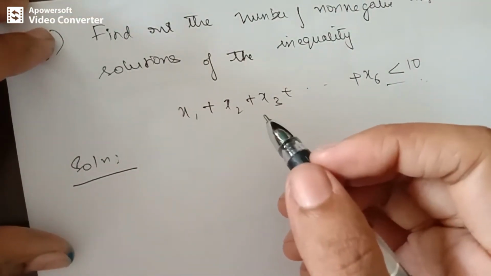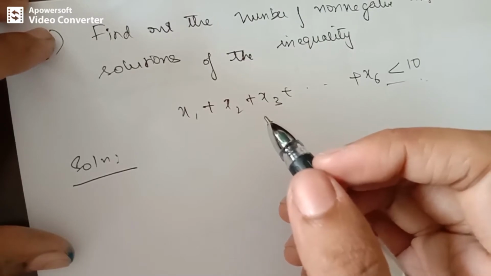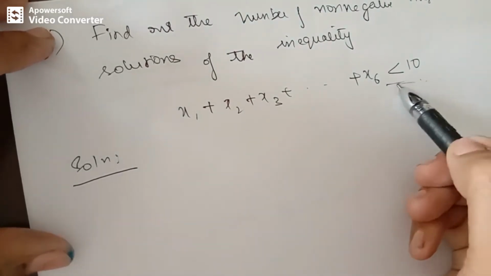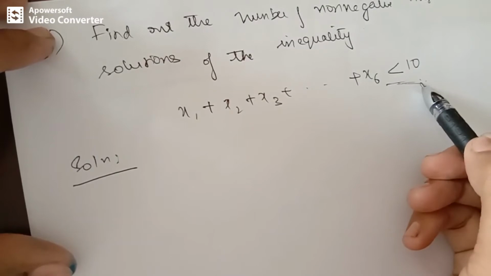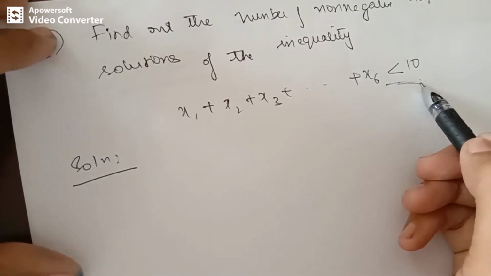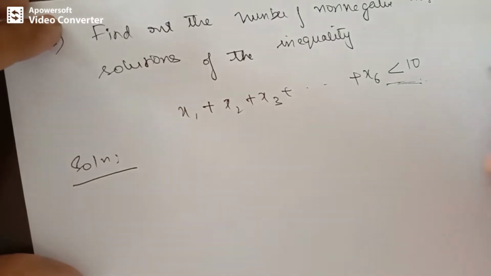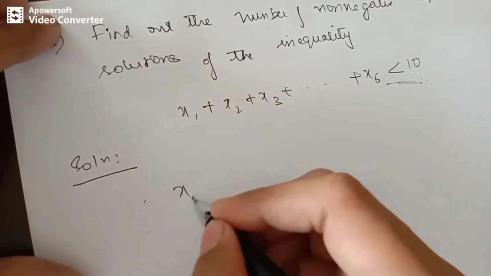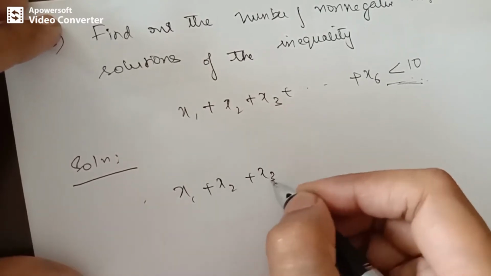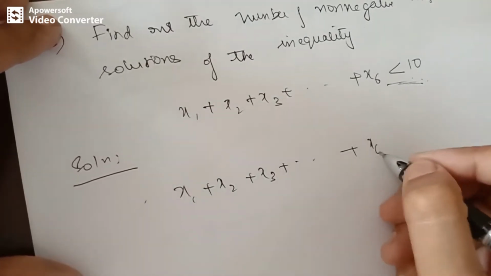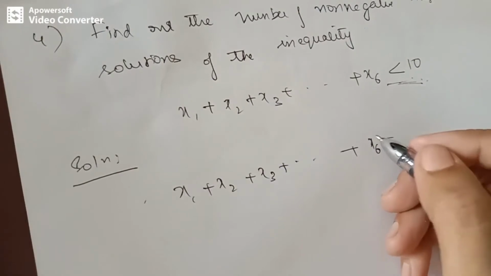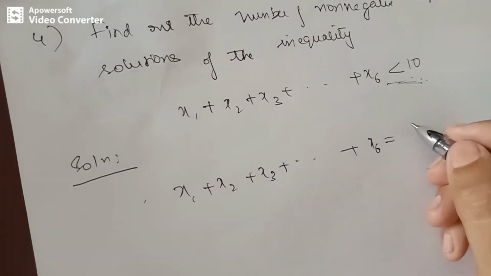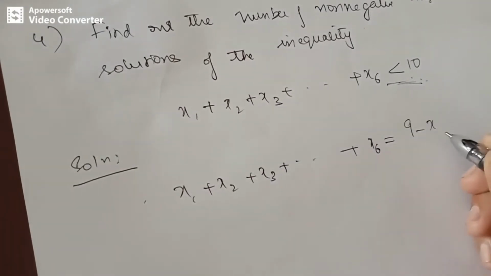So as we know, we have to find out the number of non-negative integer solutions. Since it is less than 10, we'll have numbers till 9. That means I can also represent this as x1 plus x2 plus x3 plus x6 equals 9 minus some term, 9 minus x7.